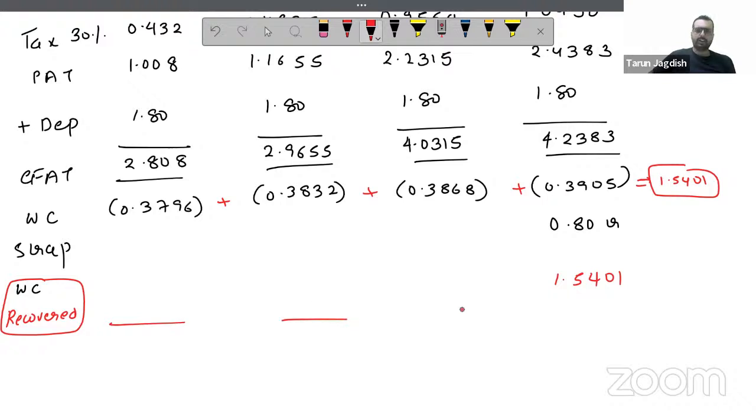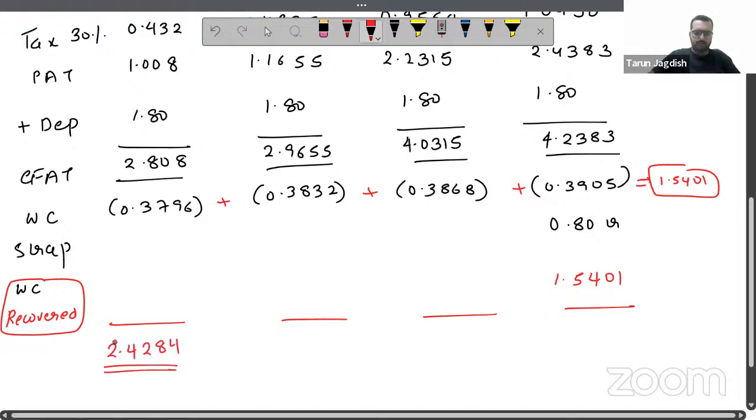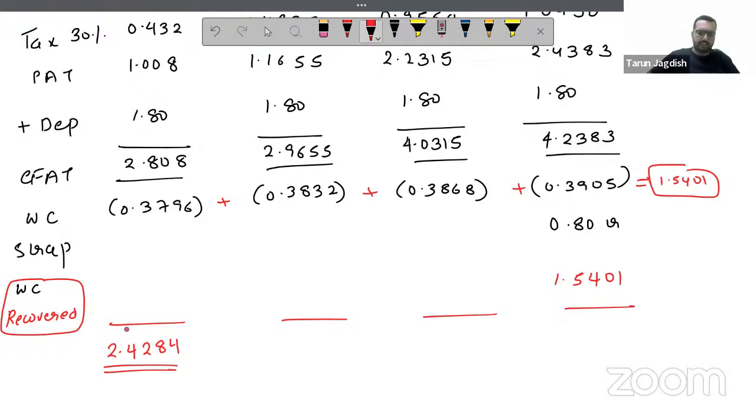Fine. So once you get this, then I will take 2.808 minus 0.3796, 2.9655 minus 0.3832 will be 2.5823. 3.6447.